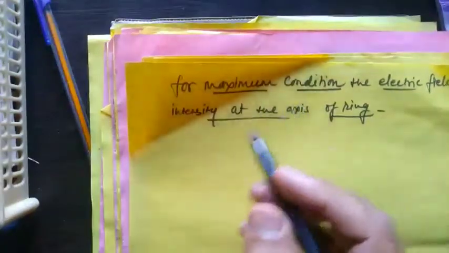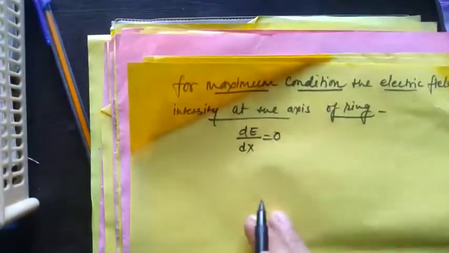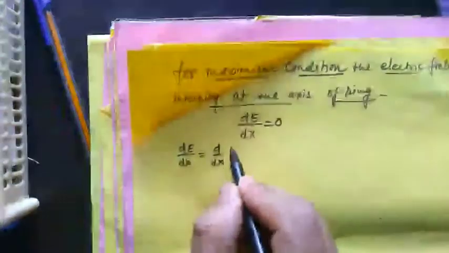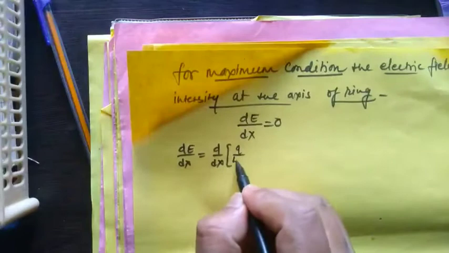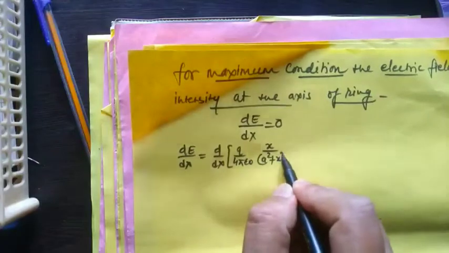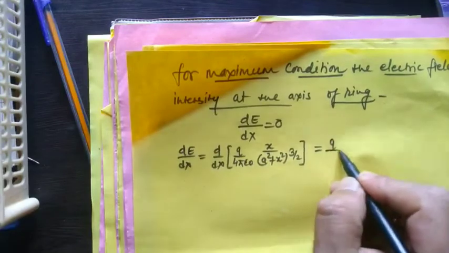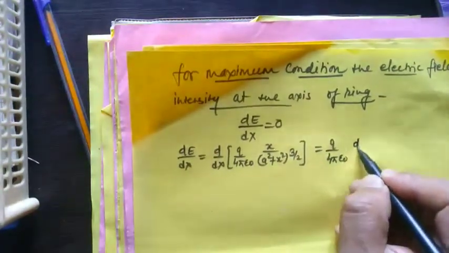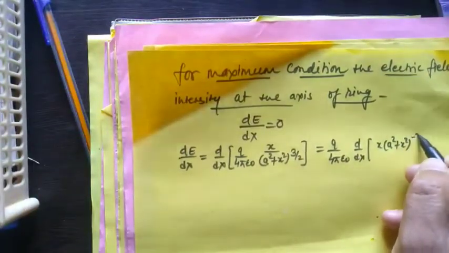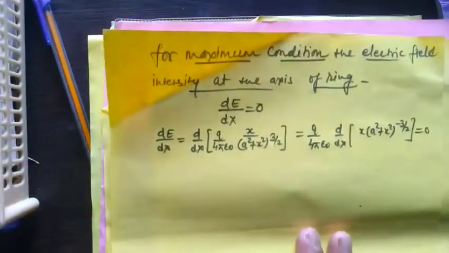In the case of maxima and minima, for the maximum condition dE upon dx equals 0. E is q upon 4 pi epsilon naught times x upon (a square plus x square) to the power 3 by 2, and we can write dE by dx of x times (a square plus x square) to the power minus 3 by 2 equals 0. Is this clear? Are you getting it?